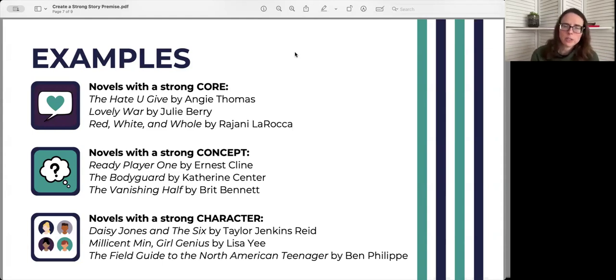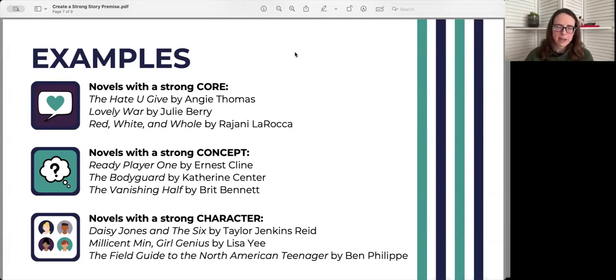And then we look at novels with a strong concept. So something like Ready Player One by Ernest Cline. Certainly this idea that humans are interacting in this virtual reality multiverse of sorts is a very high concept. The Bodyguard by Catherine Center is a story about a female bodyguard who is taking care of a famous male movie star.